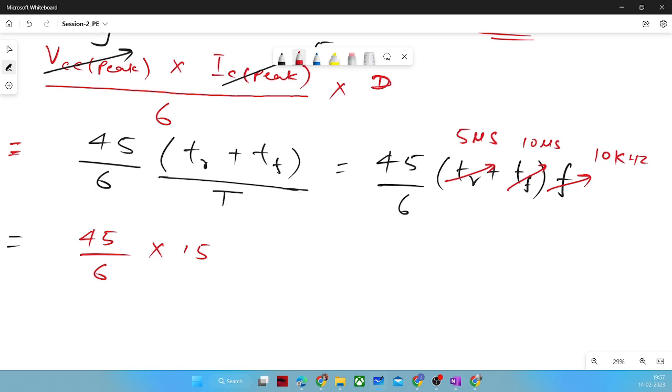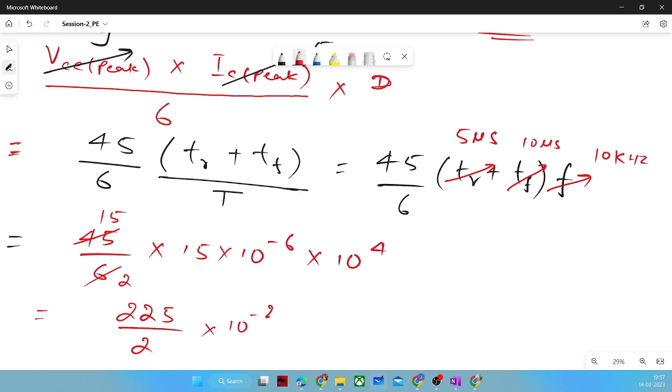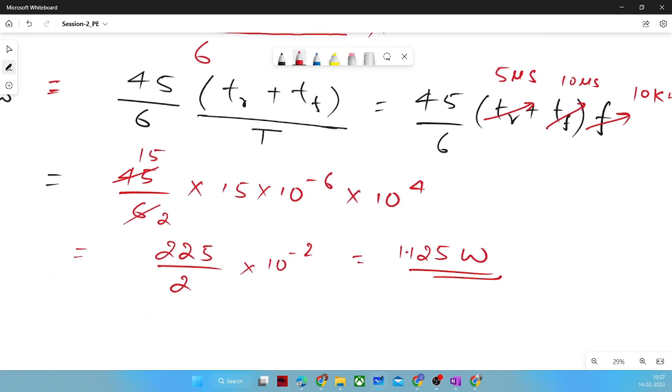So both switching losses into 10 raised to power 4, and that will come out to be 5225 by 2 into 10 to the power minus 2, so 112.5. So I think it will be 1.125 watt. Am I correct? 1.125 watt will be total switching loss.